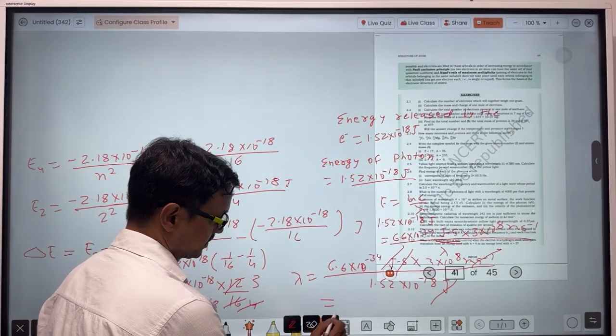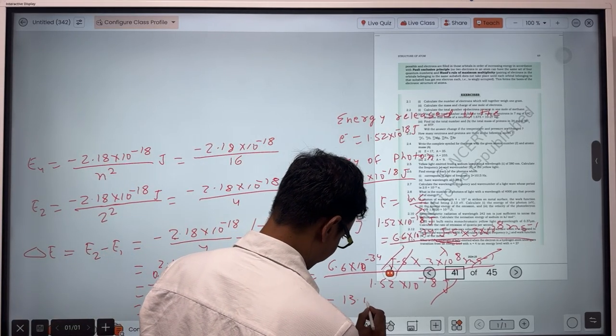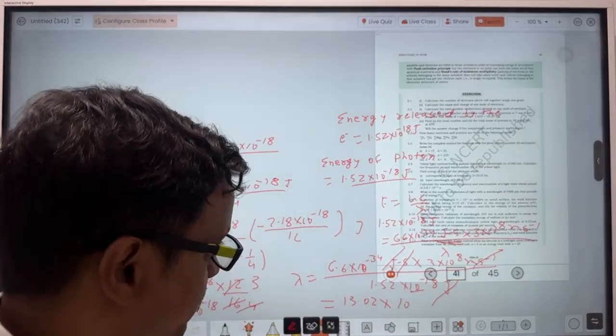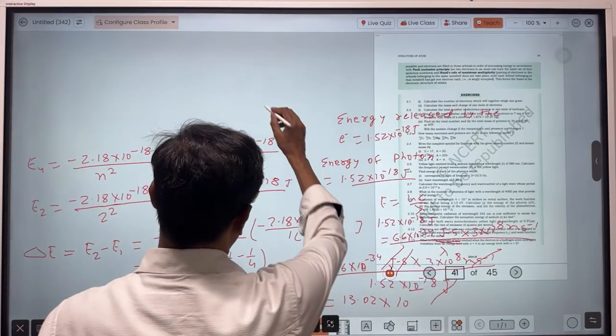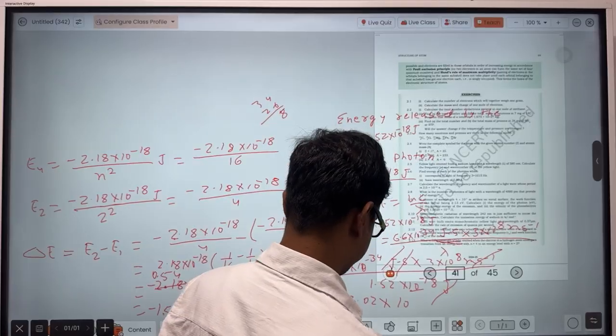Now calculate 6.6 into 3, divided by 1.52. That is 13.02. With 18 going above it becomes positive, so 10 to the power minus 34 plus 18 gives 10 to the power minus 26, divided by 10 to the power minus 18, which gives 10 to the power minus 8.